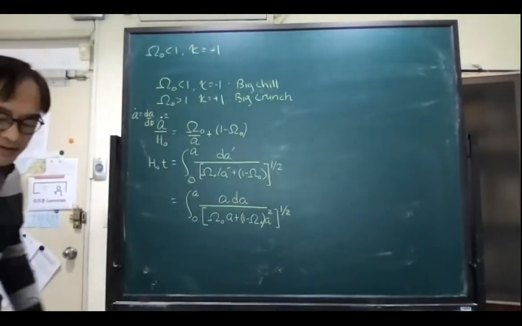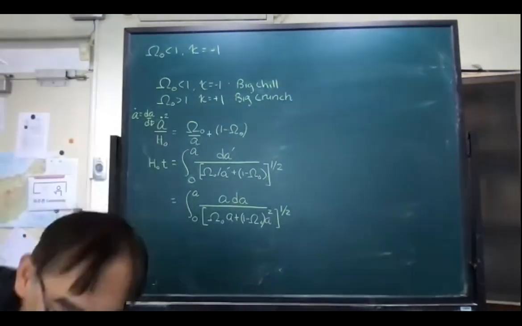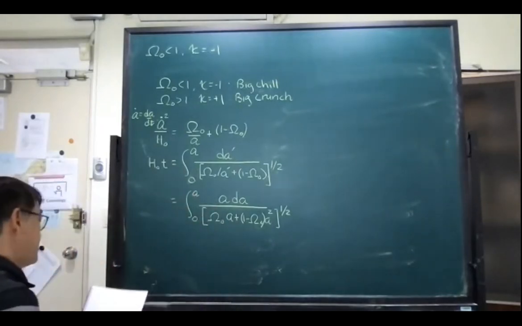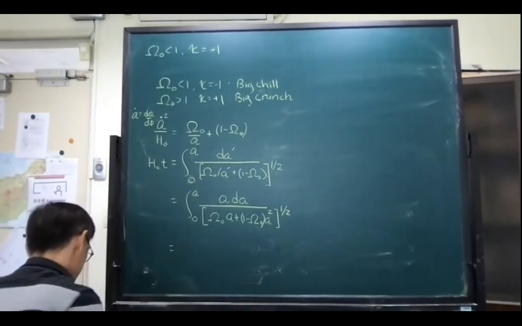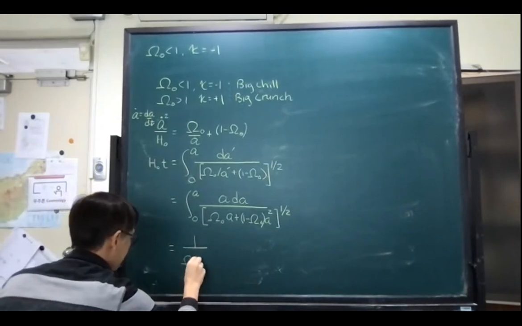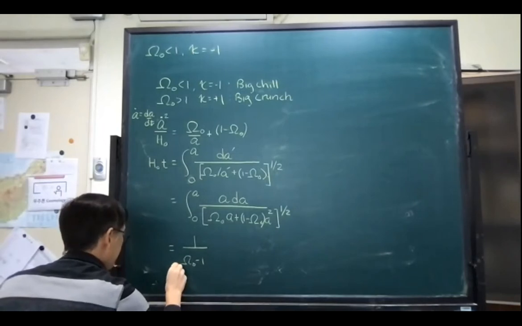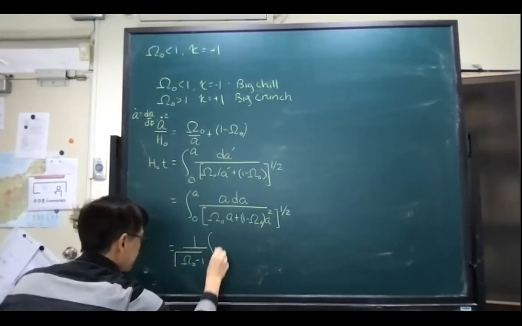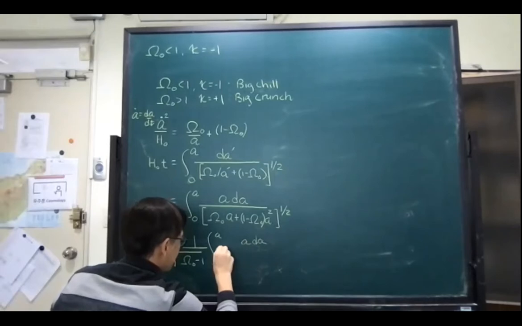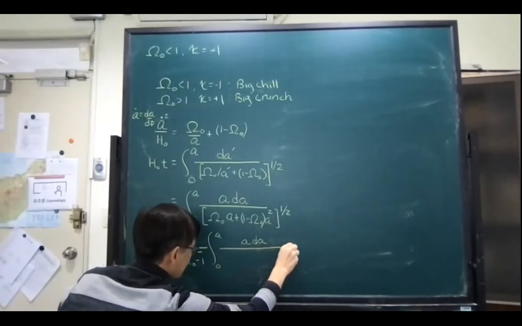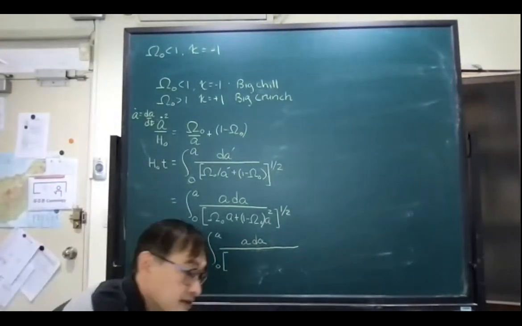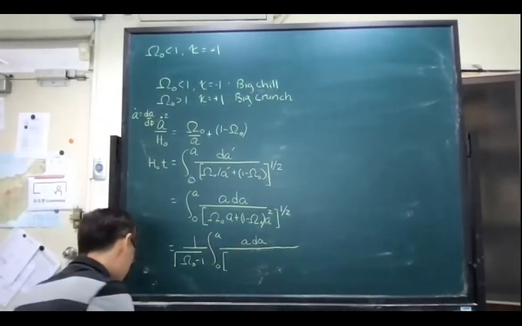The next step is you can change this into 1 over the square root of omega 0 minus 1, integral from 0 to a of dA, and you will change the denominator into quadratic form.